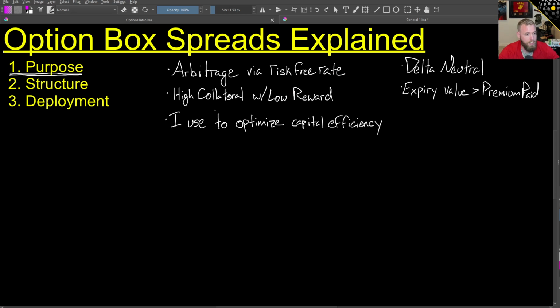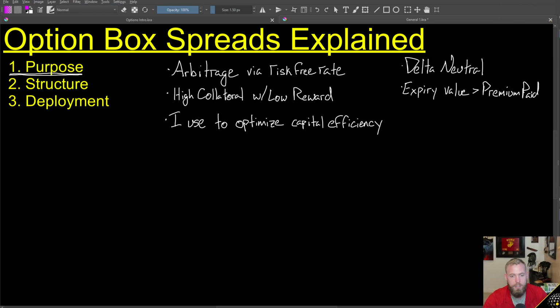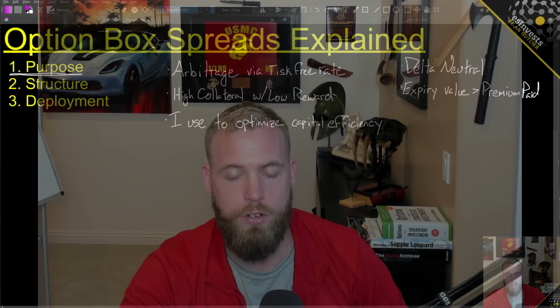It is a high collateral and low reward style trade. It's exactly what you would expect for any other risk-free trade. If you look at what you can get in bonds, it's essentially the same thing. So I typically use these, like I said, when I have money set aside for something like a covered strangle, and that kind of thing essentially requires a bunch of money for me to be able to buy shares at some point in time.